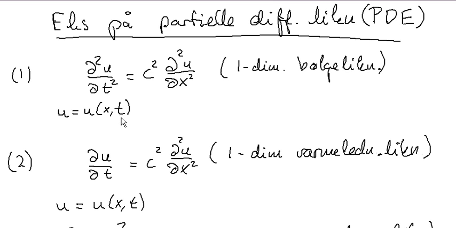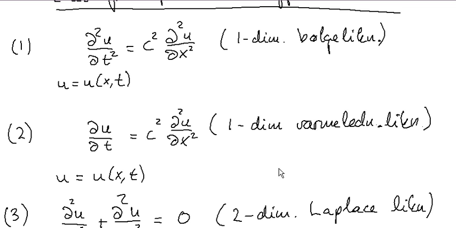Let's consider another partial differential equation. This is the one-dimensional heat equation. It looks like the first one, but instead of taking the second order derivative, we take the first order derivative of u on the left side.